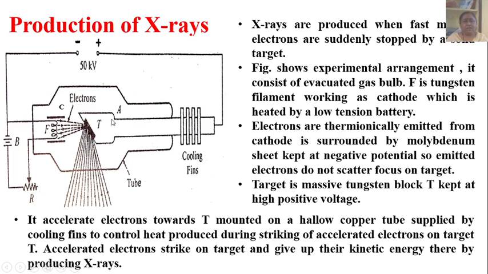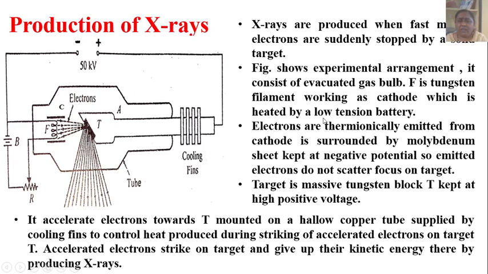Now see here at the anode, there is a portion that is the target, and that is deposited by a material like tungsten. Now here these are cooling tubes, cooling fins. From this we allow cold water, and from this hot water comes out.